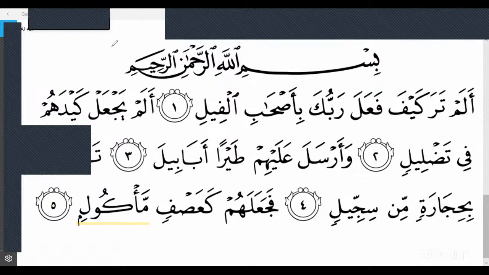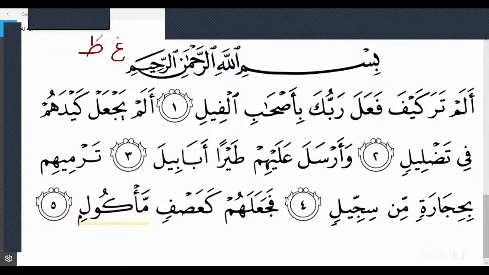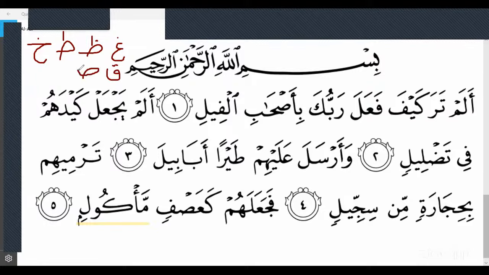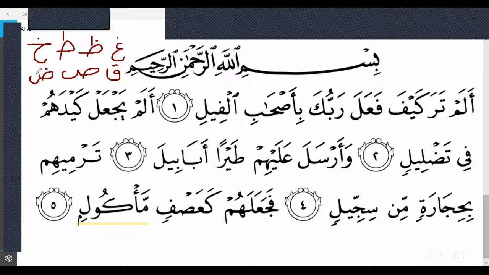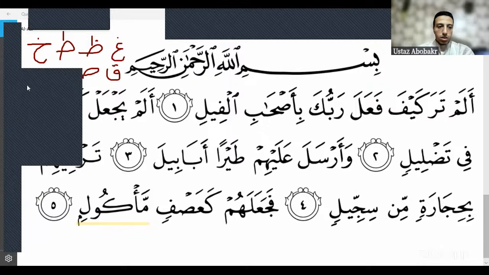I remember Ghain, Za, Ta, Dha, Ha, Kha, and also Qaf, Sad, and Dad. Let's see if we have any of them here so we can understand that these letters are heavy.